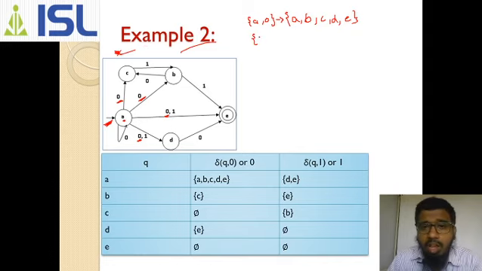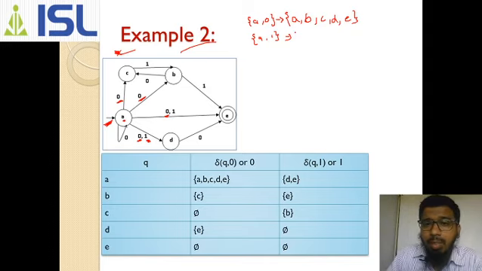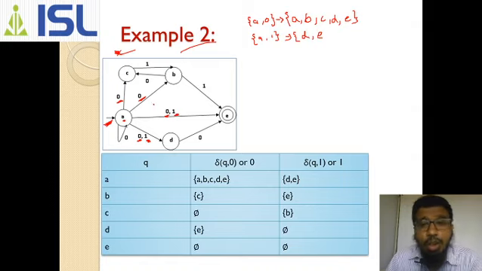Now A comma 1. Here A comma 1 is going to D, and A comma 1 is E. Is there any other possibility? No. So just close this.